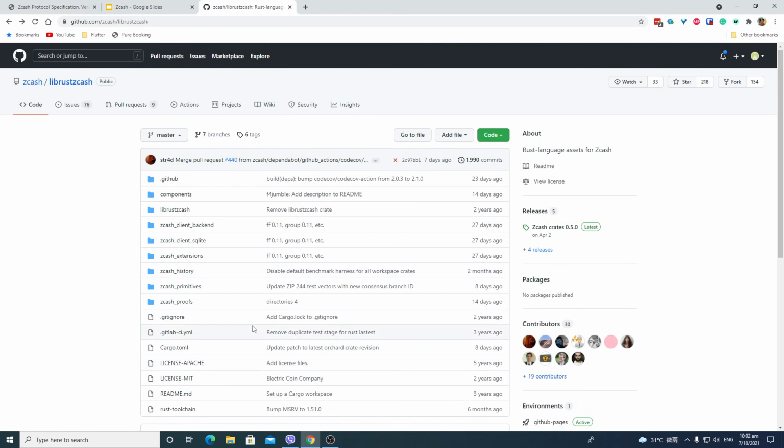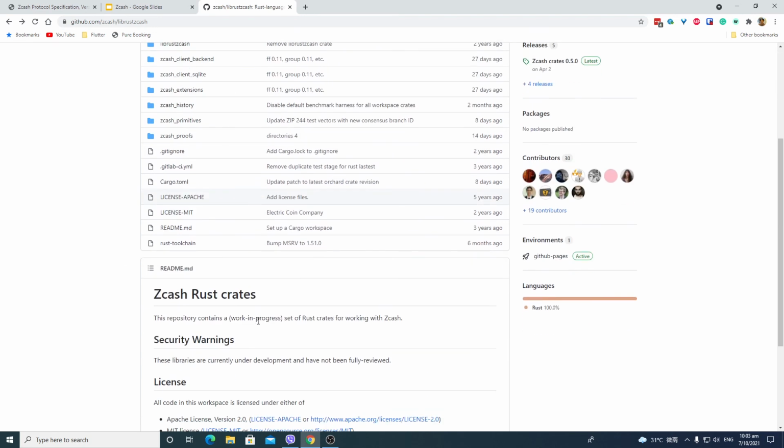And then you have Zcash proof. This is the implementation of the Zcash circuit to generate the proof for the transaction. It's less likely that you're going to have to work with this guy, because for Zcash the circuits and the proofs are already established. You can't change them.